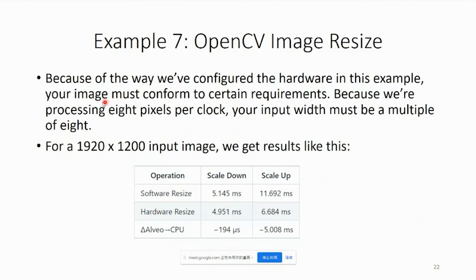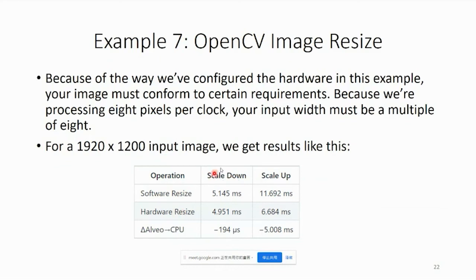Because of the way we configure the hardware in this example, the image must conform to certain requirements. In this example, the input width must be a multiple of 8 because we're processing 8 pixels per clock. And this is the example we did.